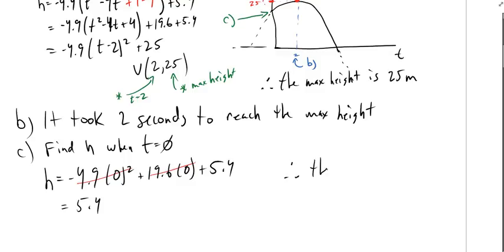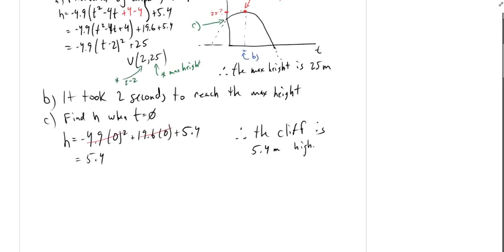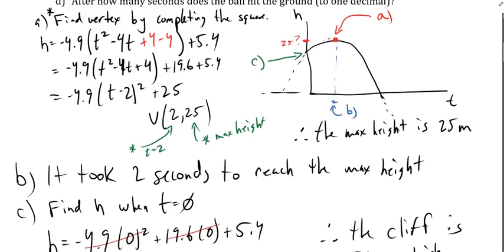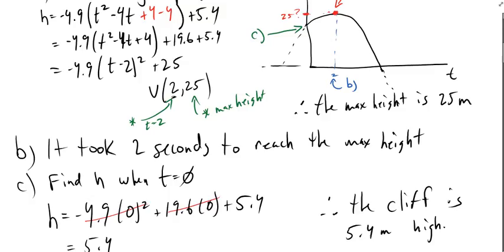Therefore, the cliff is 4.5 meters high. Yeah. I didn't know they took 2 seconds to reach the maximum height because this tells me the x value or the t value when the maximum height occurs. So it's right there as part of your vertex.